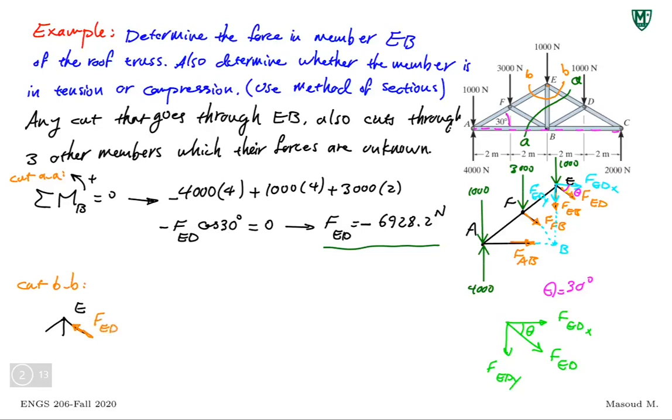FED. This one is downward. Let me put the external force. This is 1000. And I actually don't know about this, but we can just put it in either direction. Let's put it in this direction and put this one in this direction. I'm just guessing these directions. So this becomes FEB, and this one is FEF.